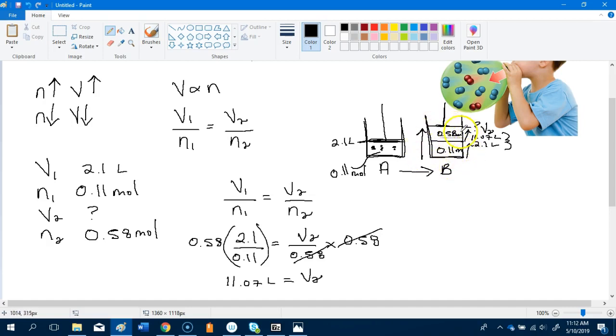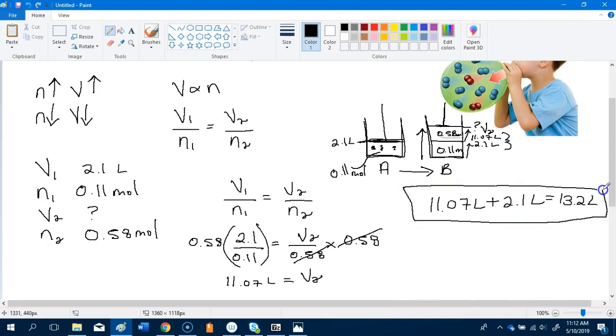It's not the whole thing together. So the volume of all the gas in the cylinder together is 11.07 liters plus 2.1 liters, which is equal to the final volume of 13.2 liters altogether. That's why it's important that I drew out my pistons to begin with, so that we could see how those added up to create that final volume.